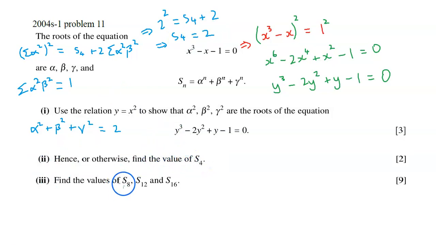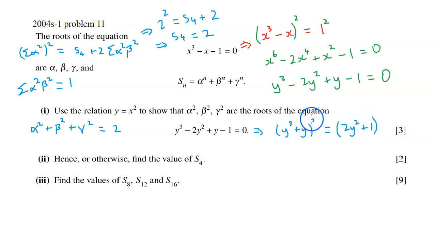But since later on we're going to be asked to find S8, S12, and S16, let's do it in a different way. Let's go ahead and find the polynomial where alpha to the 4, beta to the 4, and gamma to the 4 are the roots. And we can do it just by doing exactly what we did in the first step. Substitution of this form to this polynomial. Alright, so bring all the odd powers of y to one side, so y cubed plus y, and then bring all the even powers of y to the other side, so that'll be 2y squared plus 1.